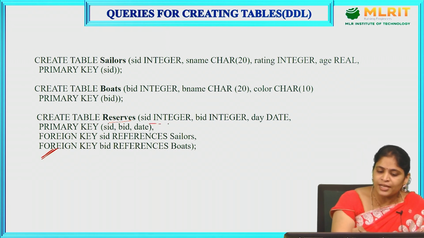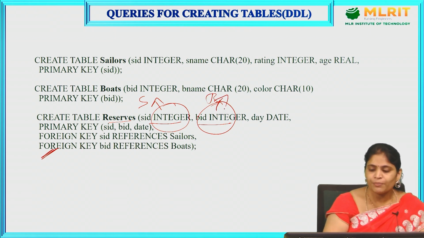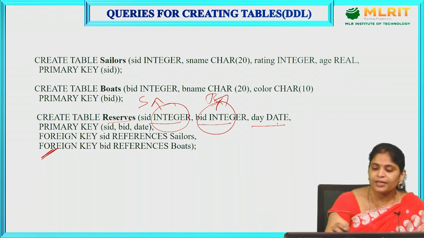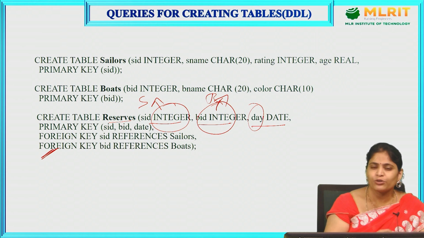So here we use the concept of foreign key. SID, BID. SID is from the Sailors table. BID is from the Boats table. And date, on which day the sailor wants to reserve a boat, right? Here which data type have I used? Data type date I have used, right?